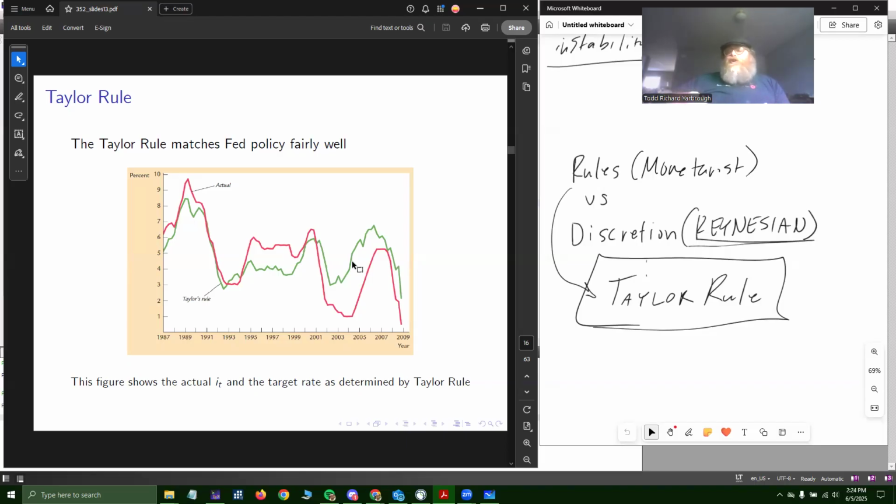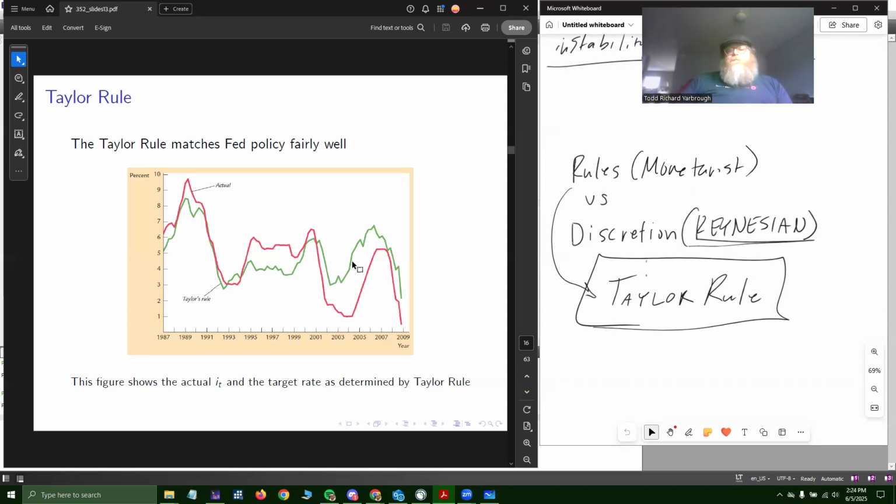So he's like, I don't think there should be discretion, except I think you should follow this rule that I came up with. But sometimes people come up with things that are so smart and so intelligent that it does end up still being a very good idea. This happened certainly with Keynes. I think it happened with Friedman. I think it happened with Taylor. It happened with a lot of economists going forward.